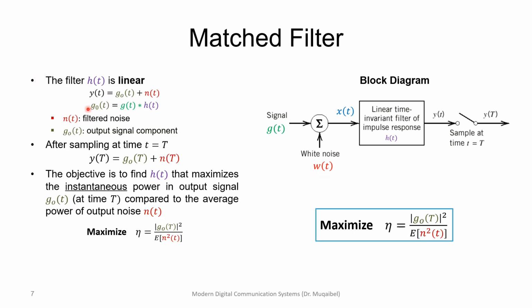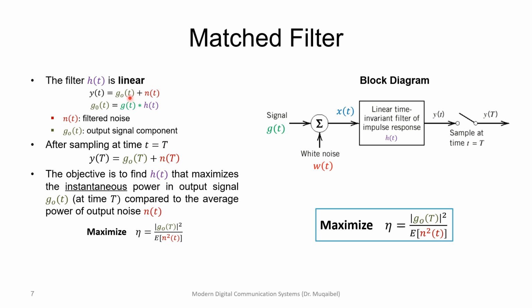We mentioned here that the filter h is linear, so we can say that y, which is the output of the filter, is made of two things. It's made of n, which is the modified noise. Remember that the input noise is w, but now at the output, because of linearity, we can look at the output separately. The input signal g will be at the output g sub o.